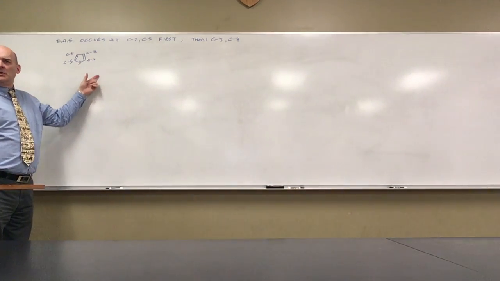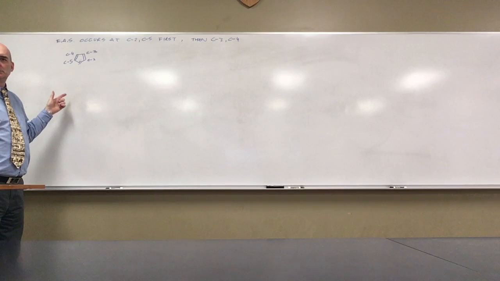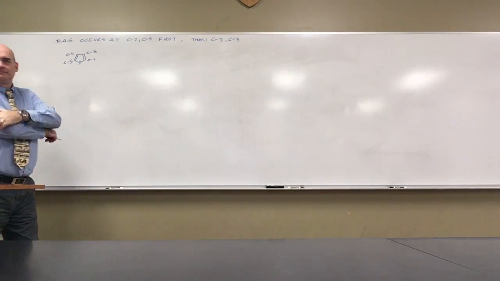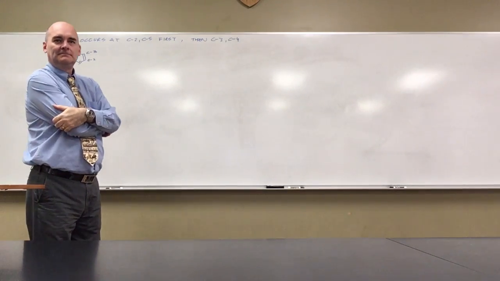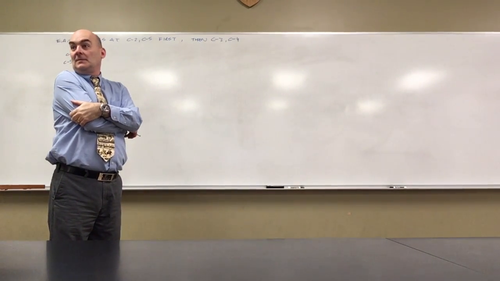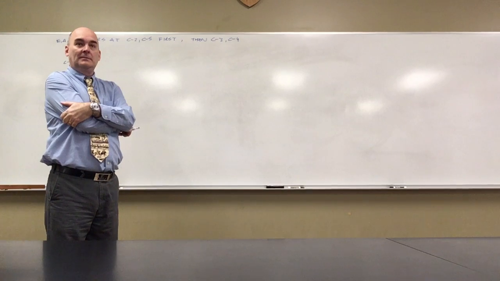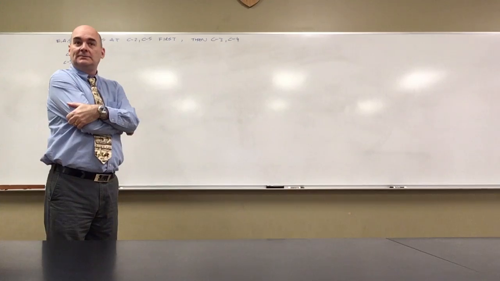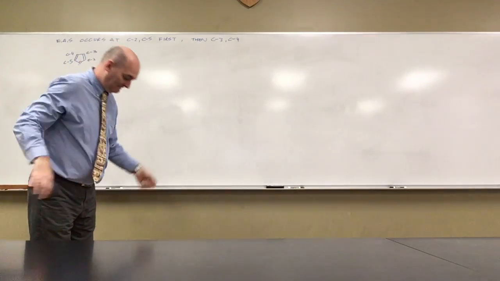Why are we numbering counterclockwise? Why do we do that? The answer's really dumb. It doesn't matter, but we do it. Why do we do it? Because some stupid person said to do it that way.